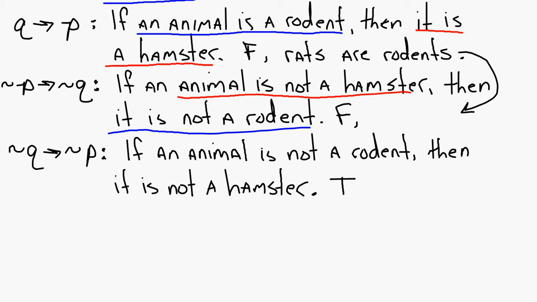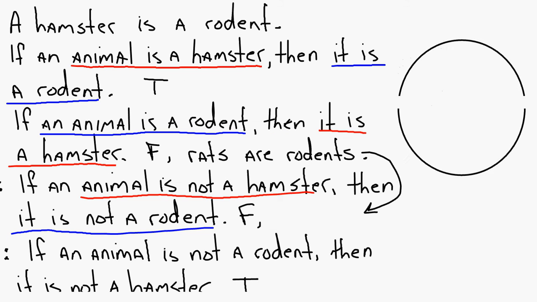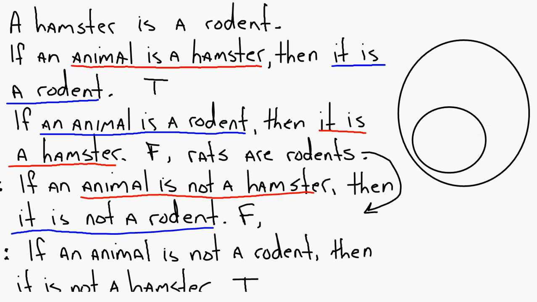So let's just tie the rest into this. Okay? Because today and tomorrow, you're going to have to draw a Venn diagram. So let's go back to the original statement that you wrote. If an animal is a hamster, then it is a rodent. So the Venn diagram for this original conditional statement.